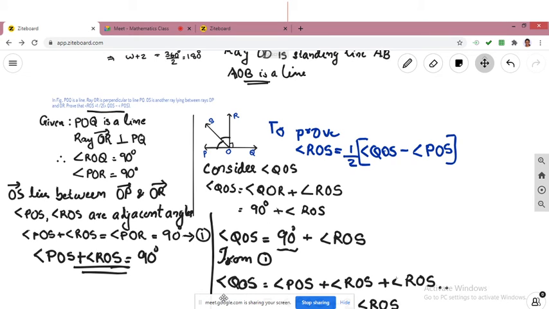These were the things we were given, and from that we understood that angle ROQ is 90 degree, angle POR is 90 degree, and angle POS and angle SOR are adjacent angles, and their sum is 90 degree. All these we inferred from the given conditions, and then we considered the angle QOS.